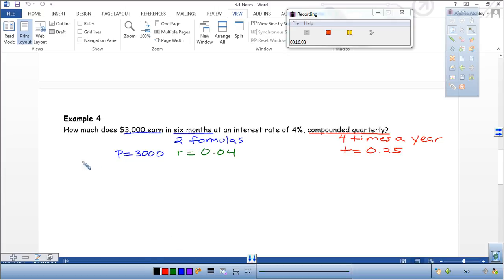So this is the first one. For my first quarter, I'm going to use all these numbers here. My interest is going to equal the 3,000 times the 0.04 times the 0.25.